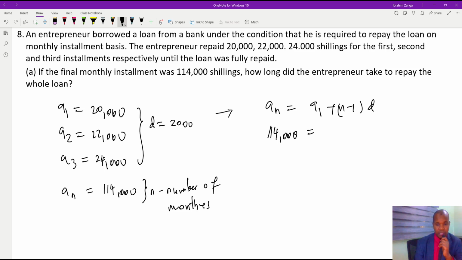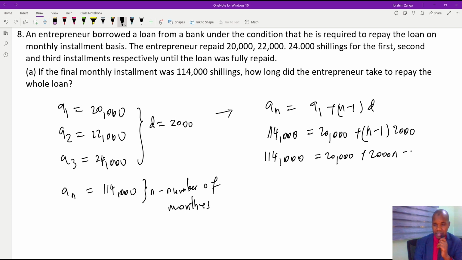So a_n is 114,000. This is equal to 20,000 plus n minus 1 multiplied by the common difference, which is 2,000. You open the bracket, you have 114,000 equals 20,000 plus 2,000n minus 2,000.